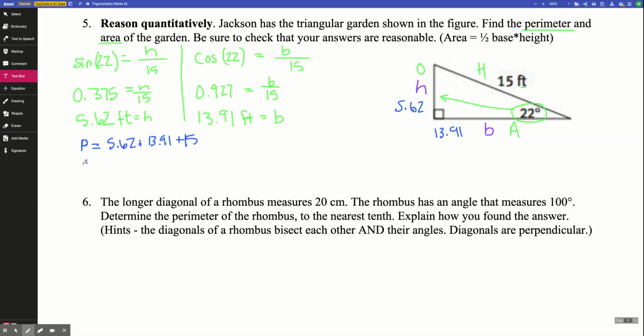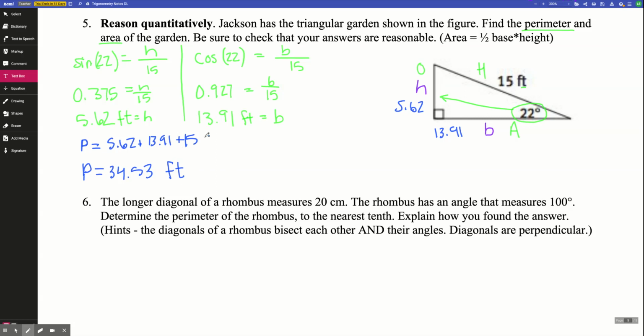Right, and when I did that, I got that the perimeter was 34.53, and then I need to use my units, which is feet.